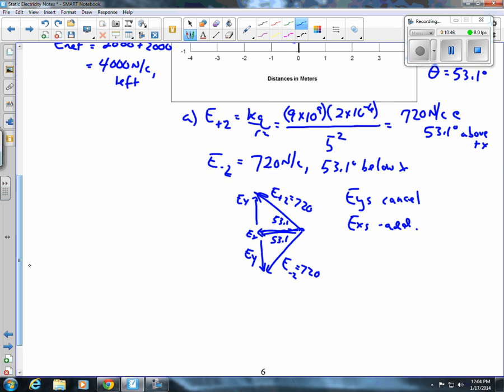So how do I find that EX? It's the adjacent side of this triangle. I have the hypotenuse, adjacent over hypotenuse, cosine. So cosine of 53.1 equals EX over 720. If I solve that, I'll get EX equals 432.